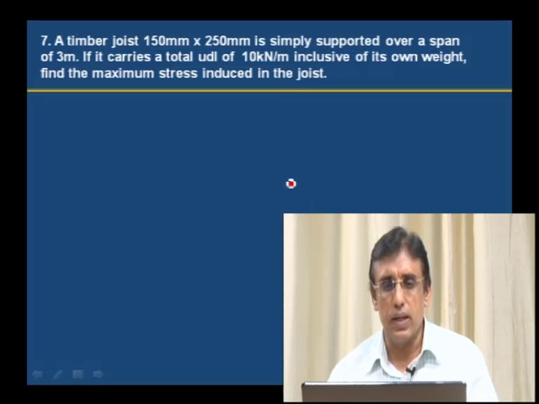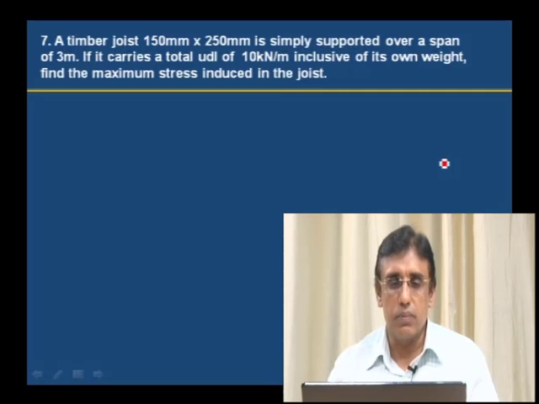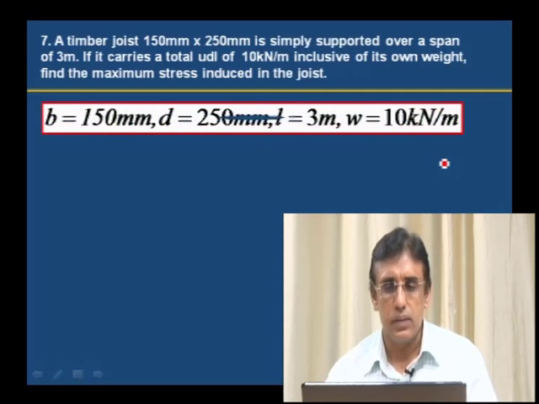Maximum stress means F or sigma. B is given 150 mm, D is given 250 mm, span is 3 meter, W is 10 kilonewton per meter.